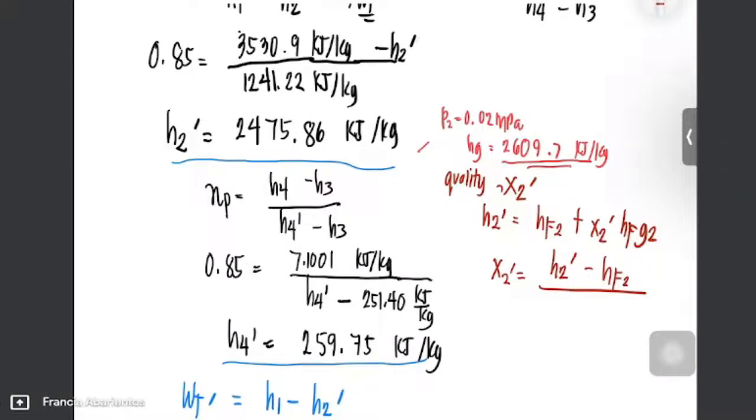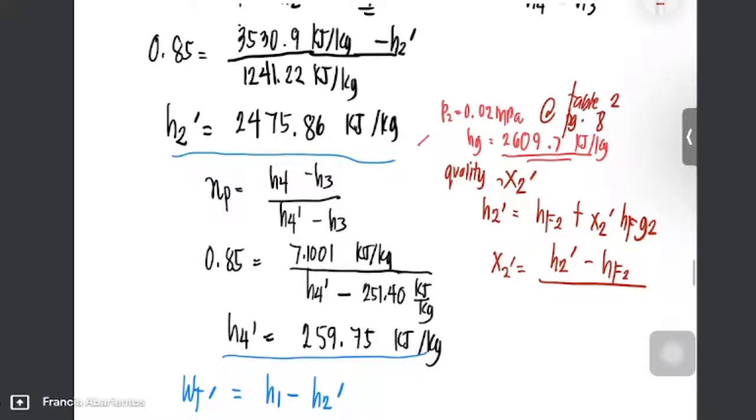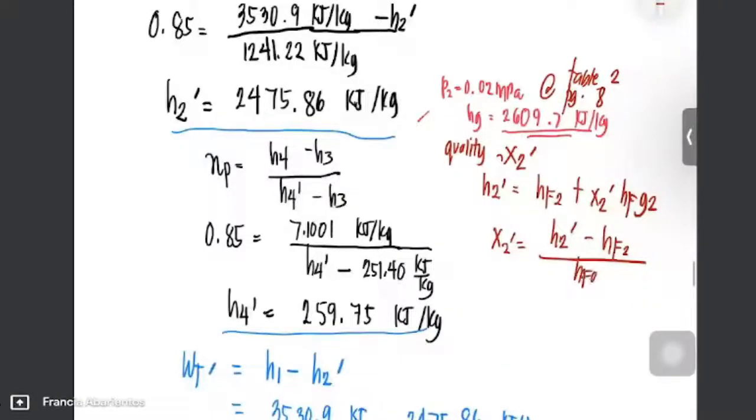Same table, page 8, table 2. Wala to sa problem pero pinapakita ko lang sa inyo. H2 prime.